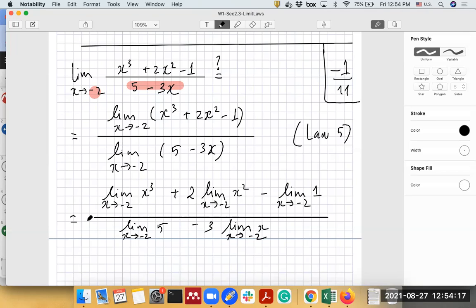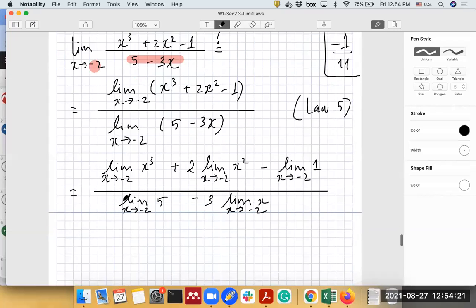So now let us compute this first, and I'll answer you right away. So this is a polynomial, right? So we can use direct substitution. Yesterday we've done that. So what is it? Very good.